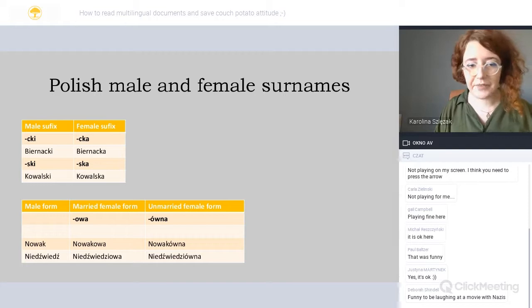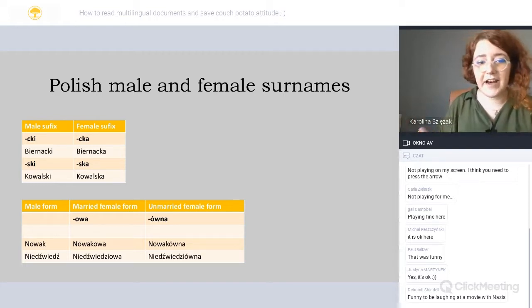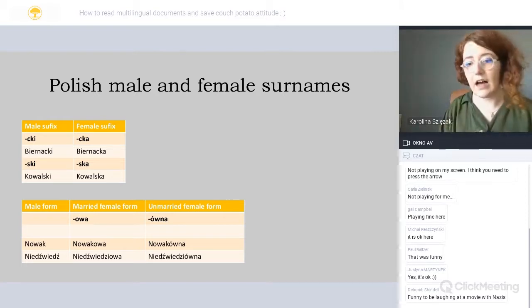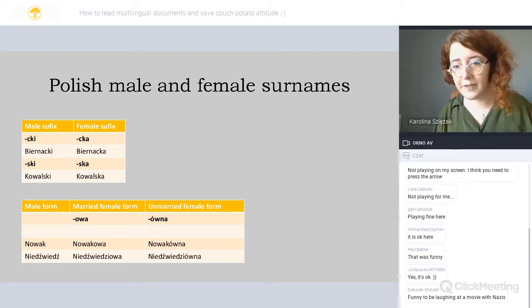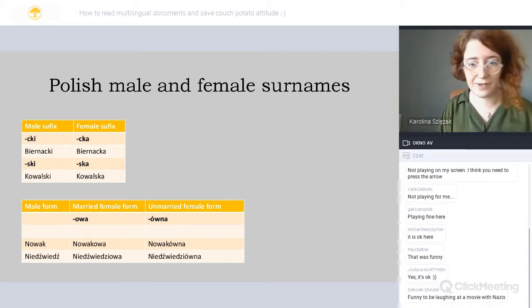And when there is an unmarried female, so a single lady with the maiden name Nowak, she may be listed as Nowakówna, Niedźwiedziówna, Mikołajczykówna, Gutenbergówna, and so on.